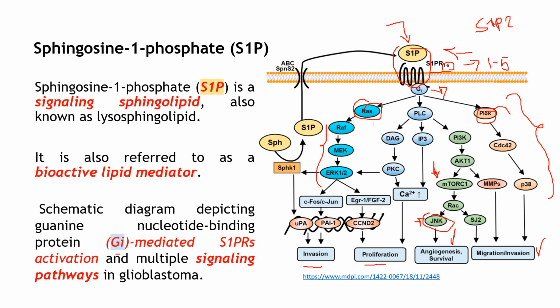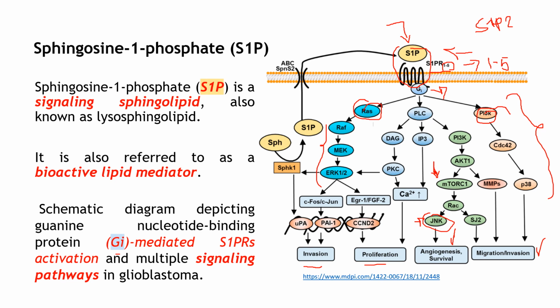Again, there are so many things. I don't want to tell you all the details. I just want you to remember that this is very similar. You start finding the same process. That is the general idea: ligand, receptor, transduction, and you activate or deactivate some pathways that you have heard multiple times.